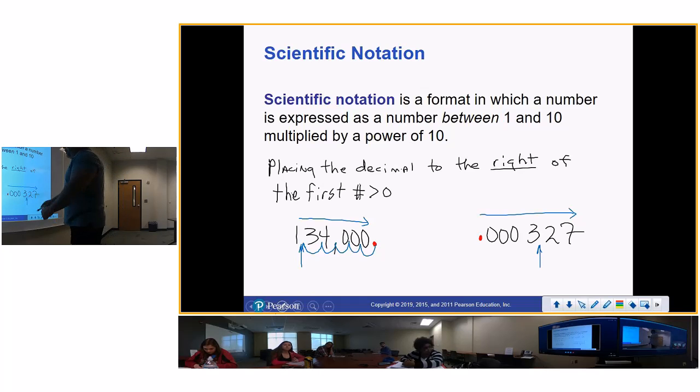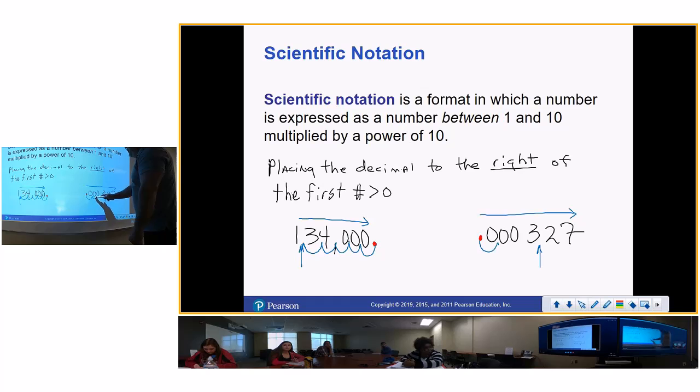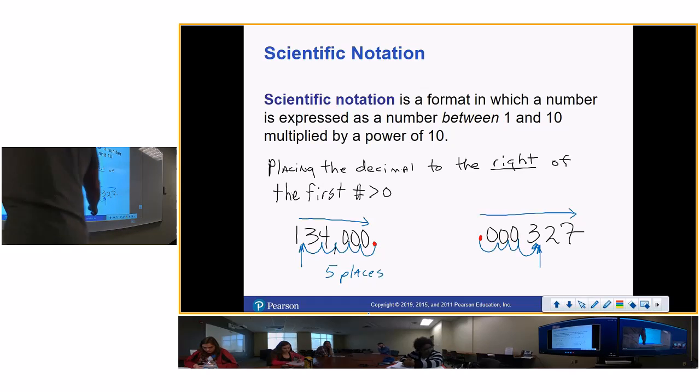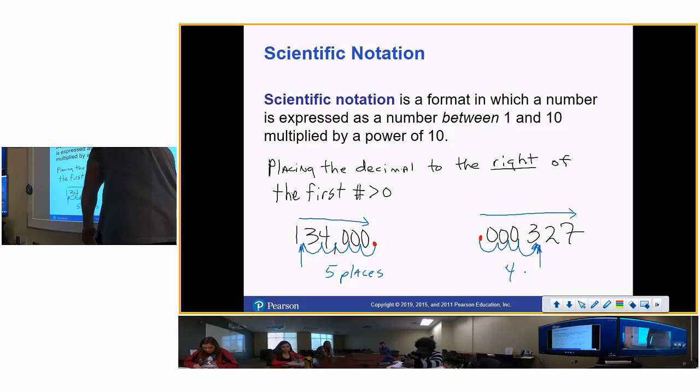I'm going to move this one. 1, 2, 3, 4. So I moved 5 places over here, and I moved 4 places over here.